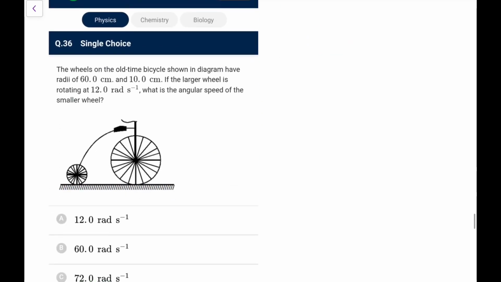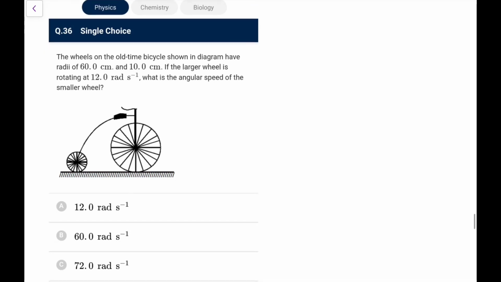Next, the wheels on the old time bicycle shown in the diagram have radii of 60 and 10 centimeter. Interesting cycle. If the larger wheel is rotating at 12 radian per second, what is the angular speed of the smaller wheel? Again you will take it as a belt example, the linear speeds must be the same, so I can write omega big into r big is omega small into r small.